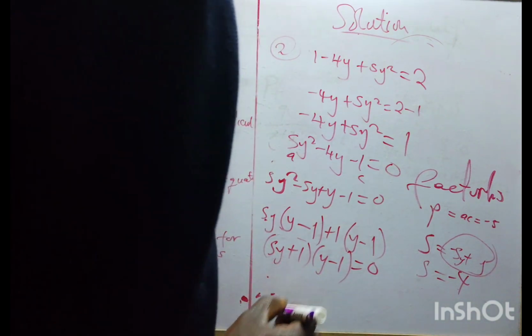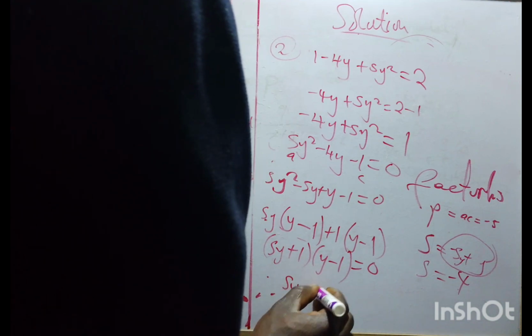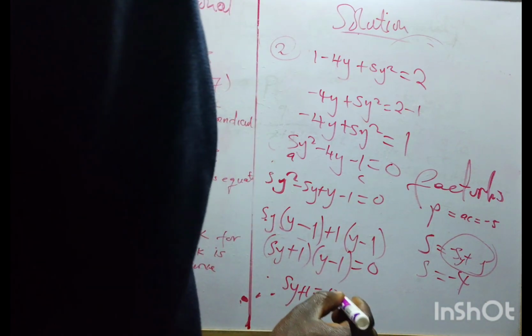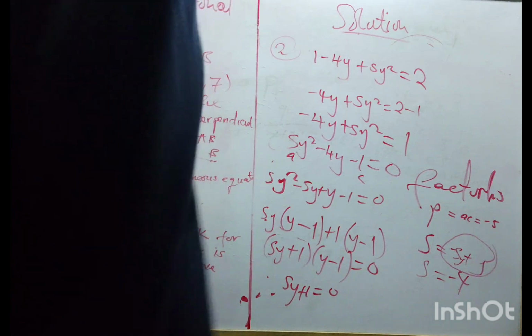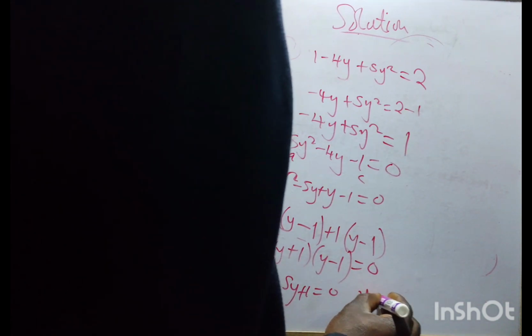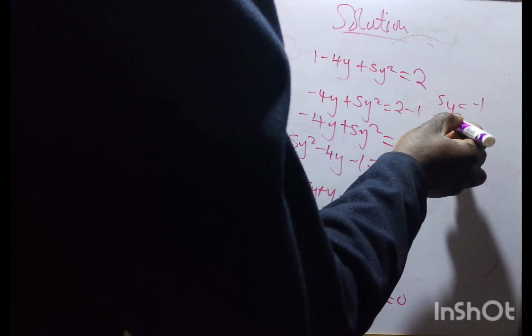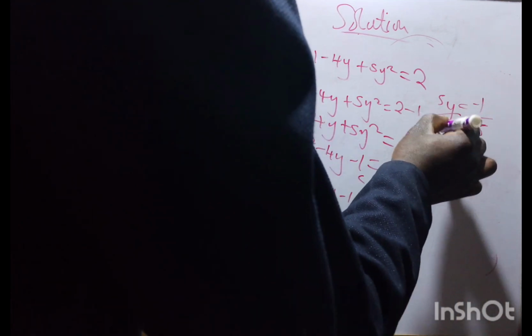Therefore 5y plus 1 equals 0, and y minus 1 equals 0. So for 5y plus 1 equals 0, when 1 crosses the constant it becomes minus 1, then you divide by 5, so y equals minus 1 over 5.